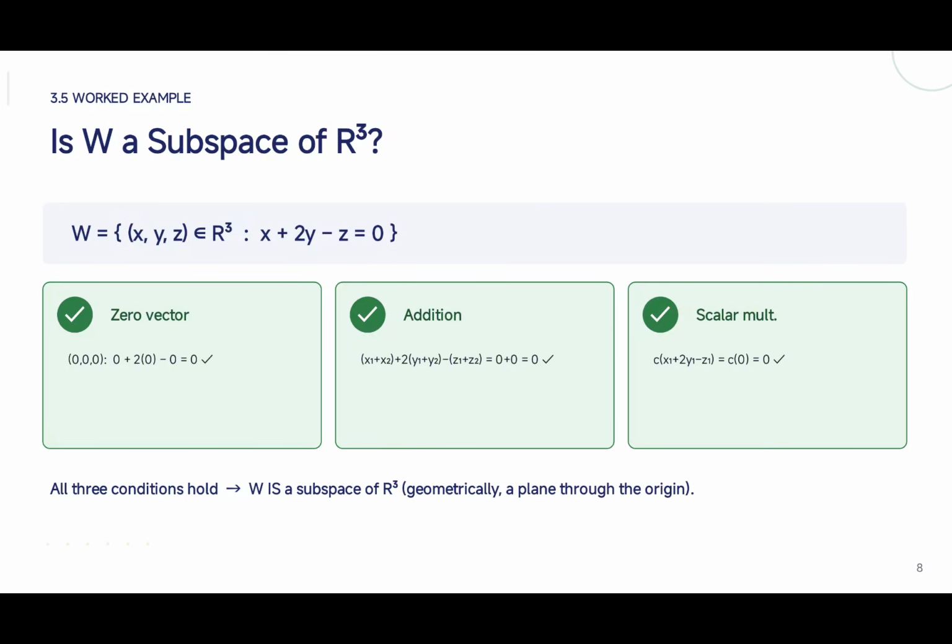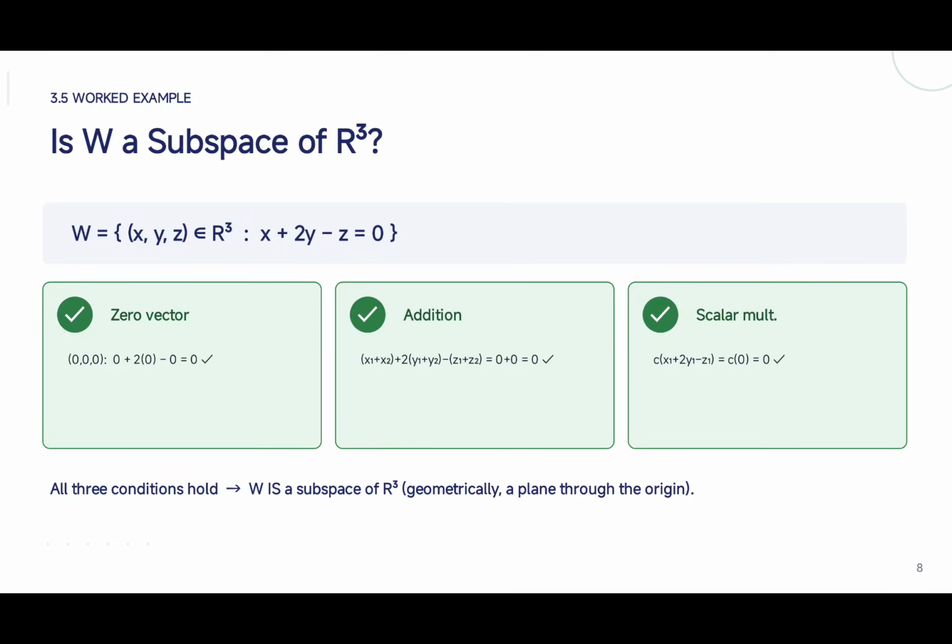Let's actually run the test on a real example. W is the set of all (x, y, z) in R3 satisfying x + 2y - z = 0. First, is the zero vector in W? Plug in (0, 0, 0), so it works.